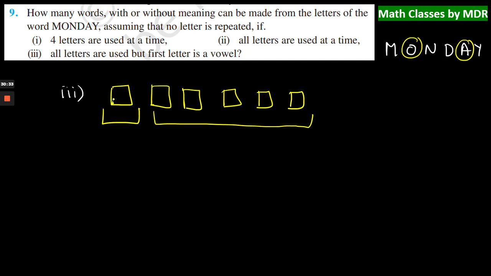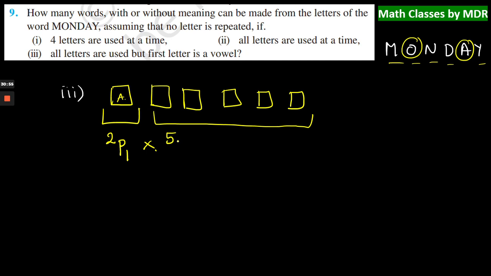Out of 2, how many vowels are we trying to arrange here? We are trying to arrange 1, so that is 2P1. Okay? Into, how many letters are available now? Let's say that A I have used here. So how many letters are available? 1, 2, 3, 4, 5. Right? So 5 letters are available.